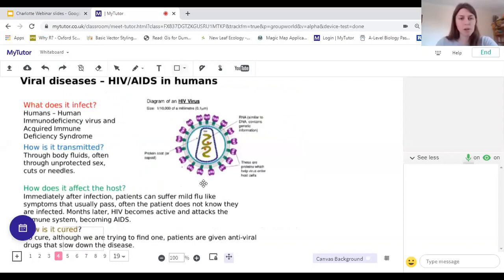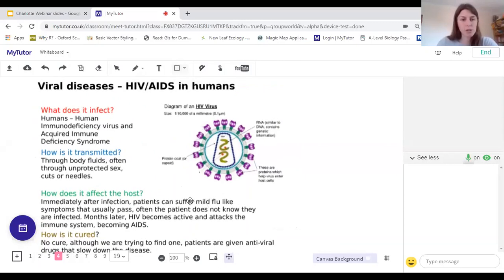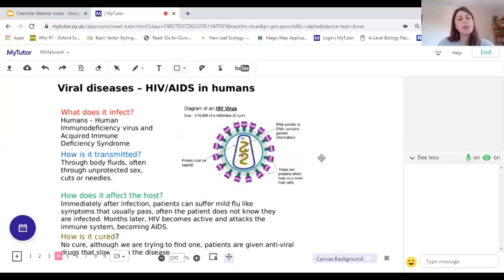Here's an example of a virus in humans. HIV and AIDS are very severe diseases in humans. So we'll learn more about them now. HIV and AIDS affect humans. HIV stands for Human Immunodeficiency Virus. So it affects humans.